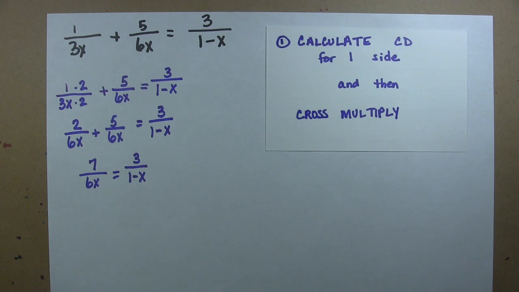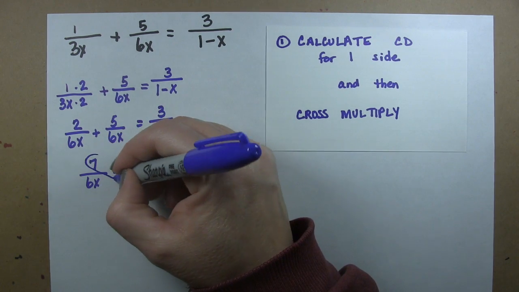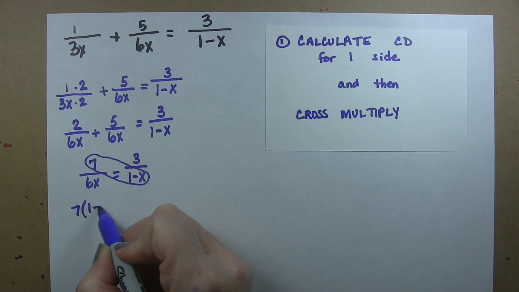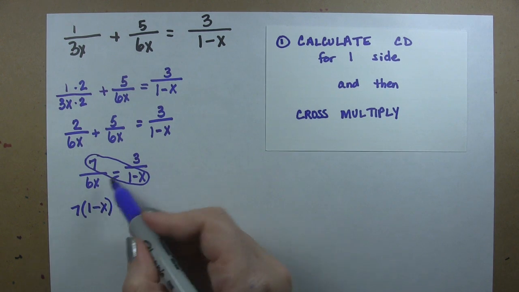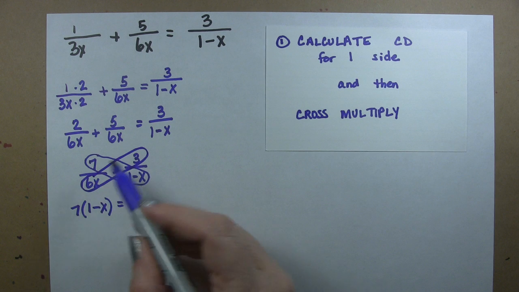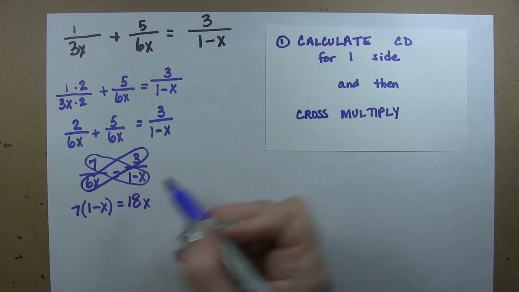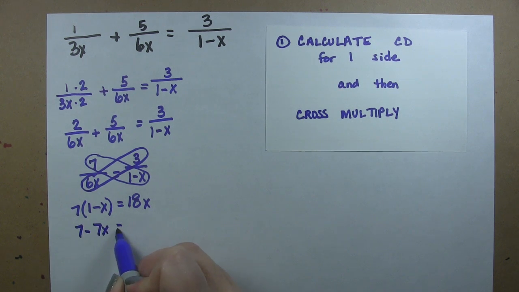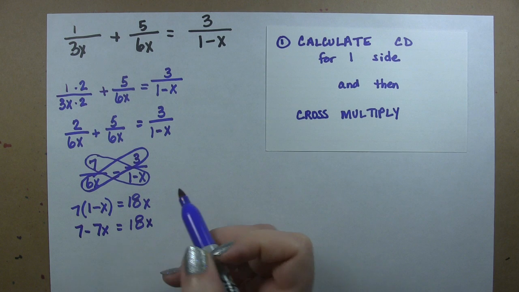Now we are going to cross multiply. So if I do 7 times 1 minus x on one side of the equation, and then on this side of the equation is 6x times 3, or 18x. That gives me, I'm going to distribute now, 7 minus 7x equals 18x.